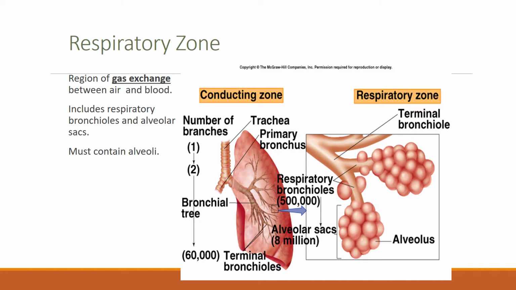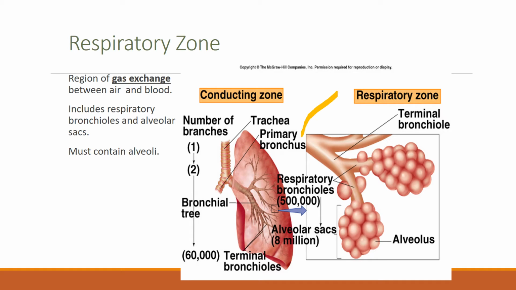The respiratory zone is where gas exchange occurs, and so the alveoli will be involved here. The gas exchange will be between the air and the blood, and this includes the respiratory bronchioles and alveolar sacs.